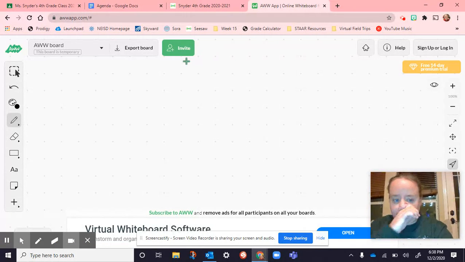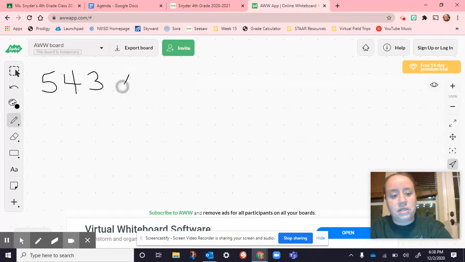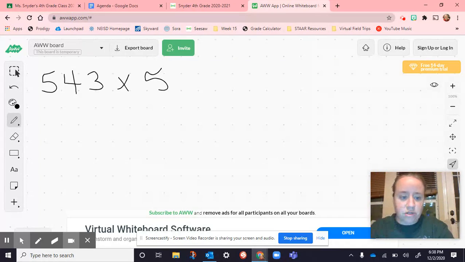We were practicing with three-digit numbers. So let's say we have 543 times 5. It's taking this larger factor, 543, and we're using the distributive property to multiply this. So we're going to put 543 in expanded form, and each one of those is going to be multiplied by 5.